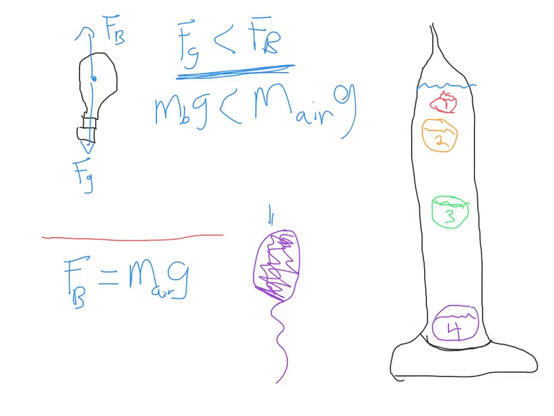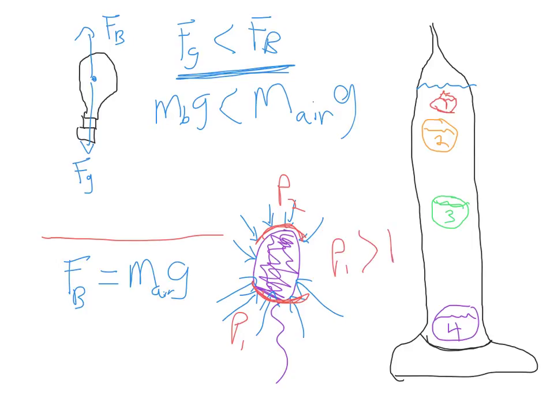There's pressure pushing on the balloon from all sides. The air is physically pushing on it. But because of the pressure gradient, because pressure is higher down lower, the bottom of your balloon has a pressure on it, let's call it P1, and the top also has a pressure on it, which we can call P2, and P1 is actually larger than P2.